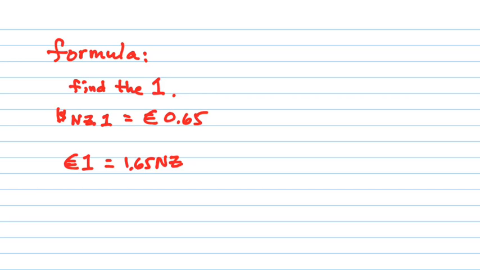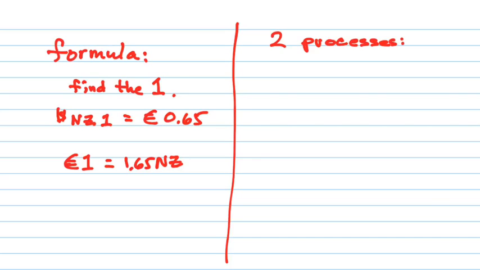There are two processes. And it depends on if you're converting to the unit that's the one, or you're converting from the unit that's the one. So whatever unit that you have the one for, okay?